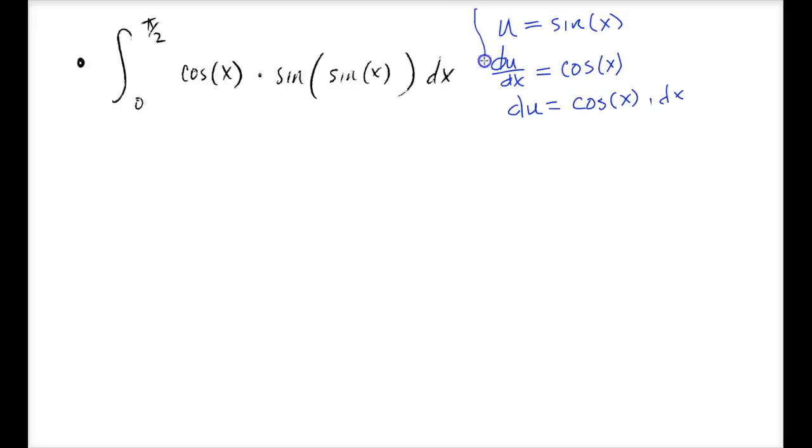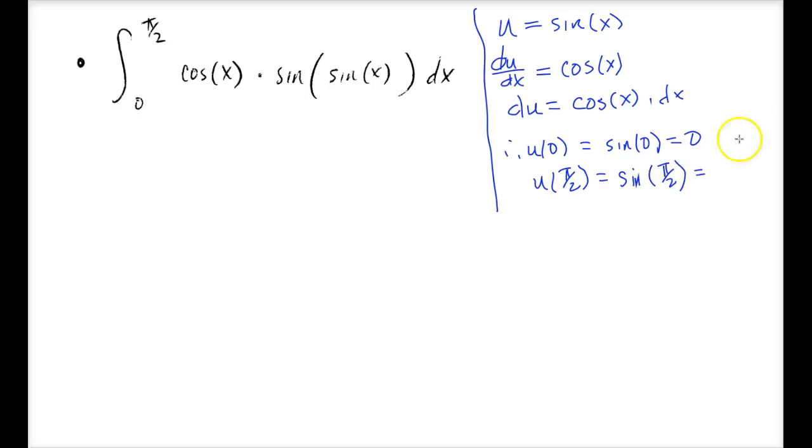And now that we have that, we only need to translate the limits of integration in terms of u. So now we have sine of 0, which is just 0, and sine of pi over 2, which we know is just going to be 1.